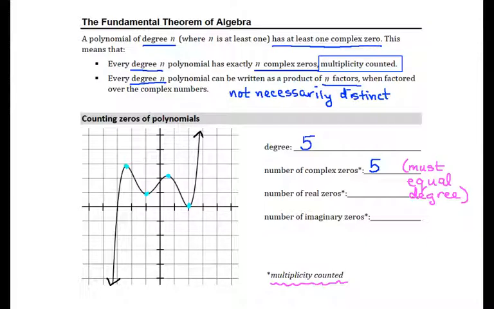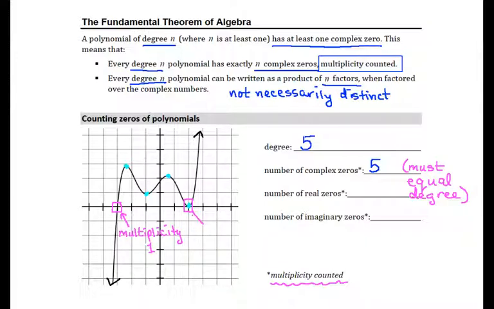Now, counting the real zeros, again, including their multiplicity, we are looking for x-intercepts. First, we have an x-intercept here where the graph simply crosses, right? It crosses just like a linear function would cross the x-axis. So this is a multiplicity 1 zero. The other zero we have, if we look at it locally, looks a bit like the graph of y equals x squared.